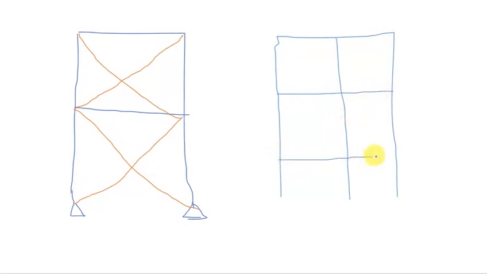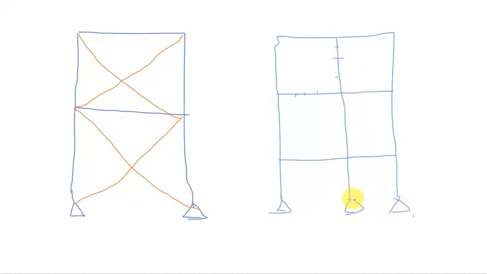So perhaps these are your beams here, and these are your columns. So this is a frame. This is a concrete frame. And you have your supports, maybe going to the foundation, right?